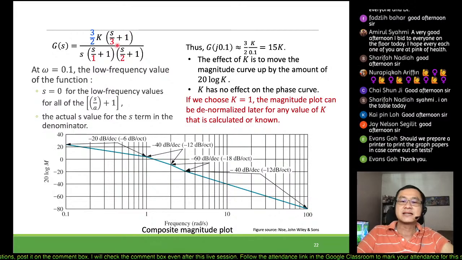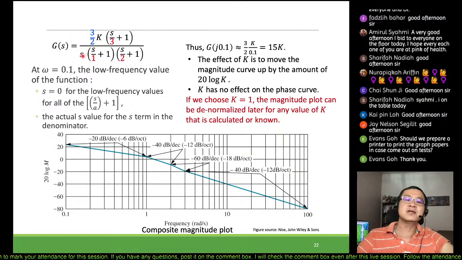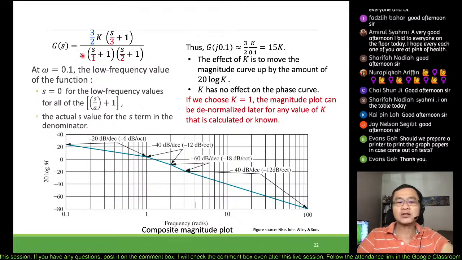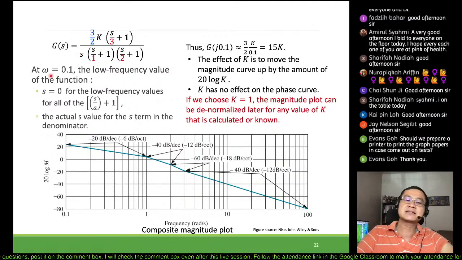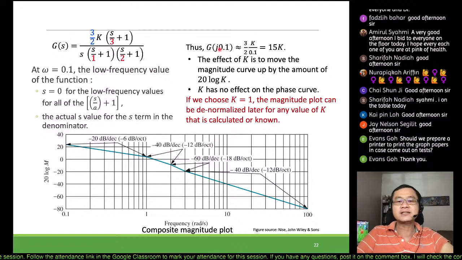So it remains as 1, 1 and 1. Then for the actual s term, the lower part over here, if we put this as 0, then our equation will become infinity. We don't want that to occur, therefore we will replace this with our omega value, which is the 0.1 over here. So eventually we will get G(s) when j omega equals 0.1. We get 3 over 2k divided by 0.1, so eventually we get 15k.